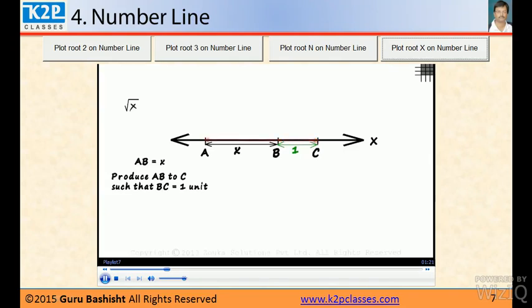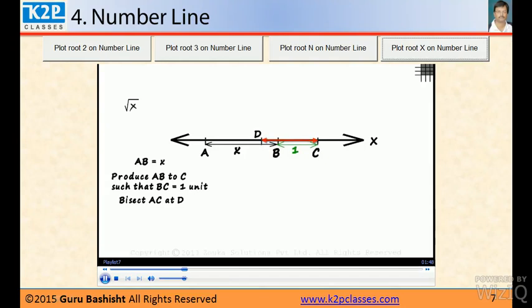So the total length AC will equal x plus 1 units. In the next step, we bisect AC at point D. It means we divide AC into 2 equal parts and name the center point D. So AD will equal DC.